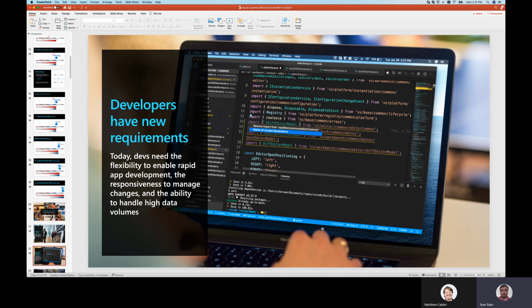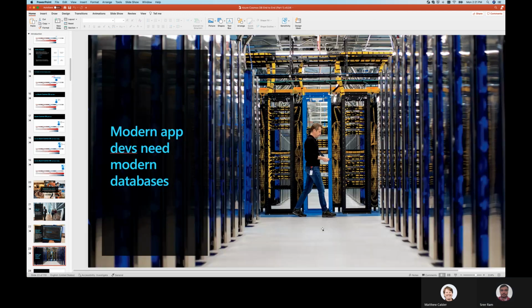How, as developers, do we cater to all these brand new requirements? A modern app, as you know, could be coded in many programming languages. Today, people use Python, Node.js, C Sharp, Java, and many other programming languages. And we need a modern database to cater to modern programming languages.